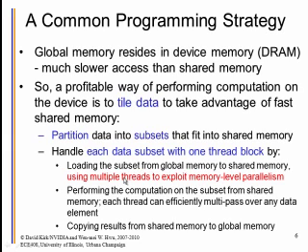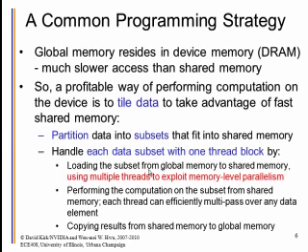Then we use multiple threads to exploit memory-level parallelism. Then we perform the computation on the subset from shared memory, and each thread can efficiently make multiple passes over any data element. Then we copy the results from shared memory to global memory. So that's the common programming strategy.